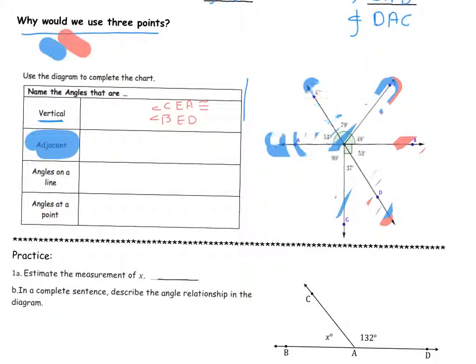Okay, so adjacent. So any of them, now let me go over it with just the light. So this angle is adjacent with this angle. This angle is also adjacent with this angle. This angle is also adjacent with this angle, as long as they're just right next door. So name two angles that share that common ray.